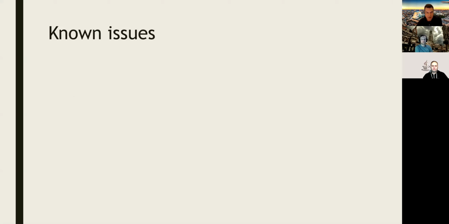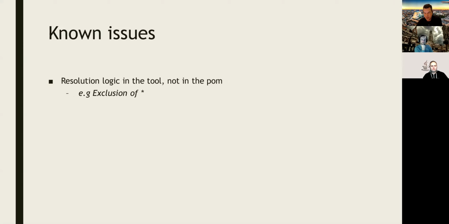Okay, so we have a couple of known issues already that we want to improve. One of the things is that the logic right now is in the tool. So you specify your set of direct dependencies, but how is the resolution for all those indirect dependencies? One of the funny things is that we introduced somewhere in Maven 2 the usage of exclusions with a wildcard. And I think it was Ant that was not understanding the concept of exclusions.